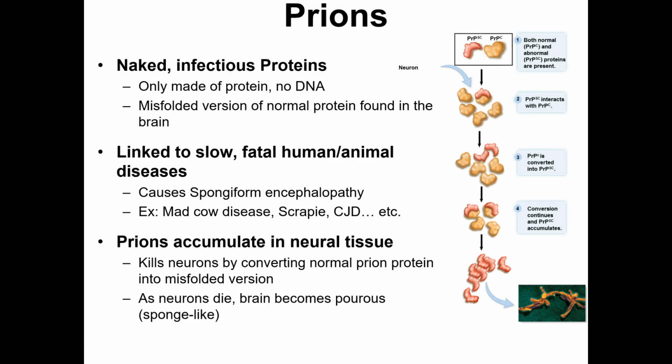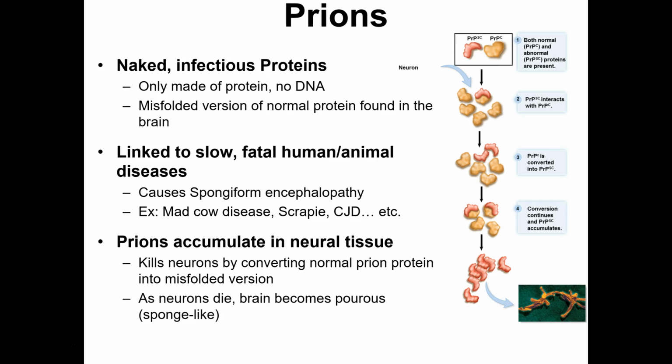And then they find more healthy counterparts. And they continue this cascade of misfolding. So this is a bit of an exponential disease. As they continue to make more of themselves, it spreads like crazy. Until all you're left with is the misfolded version of the protein.